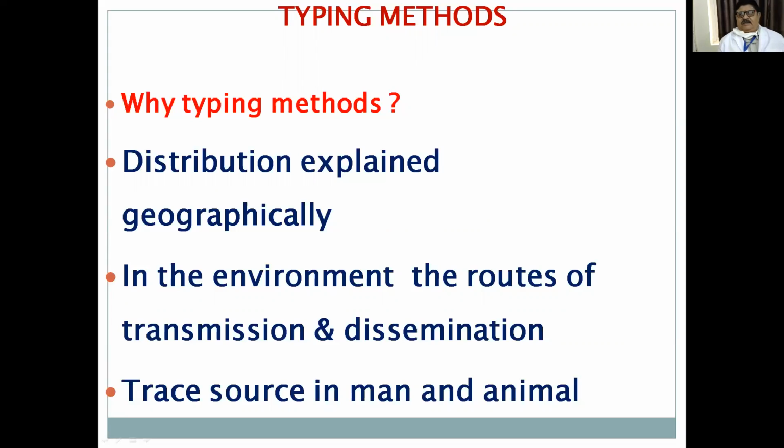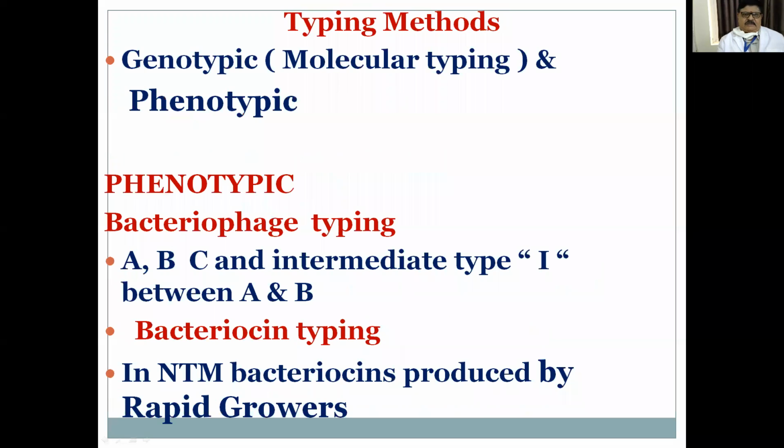Whereas in Africa, it's not so much. So, like that, you can give a geographic distribution and an explanation. And also in the environment, the routes of transmission and dissemination. And you can also trace the source in man or animal. So that is why the typing methods are important.